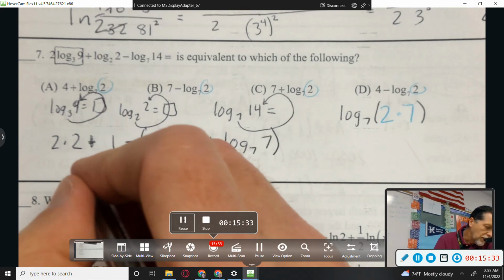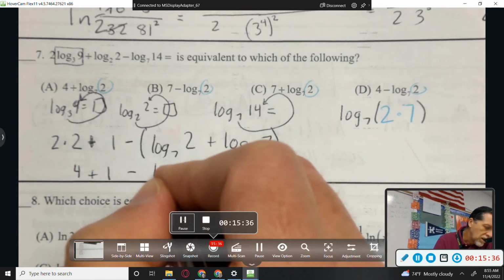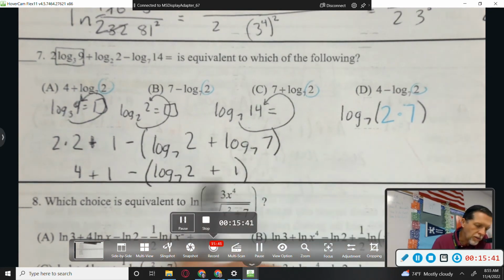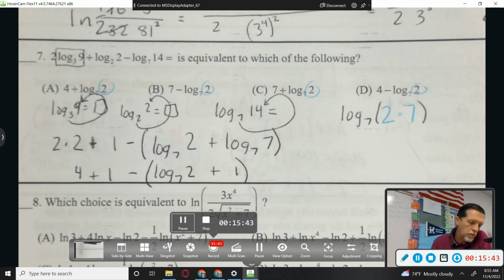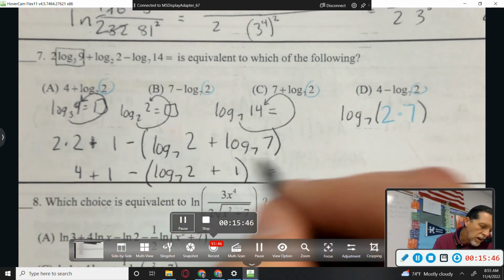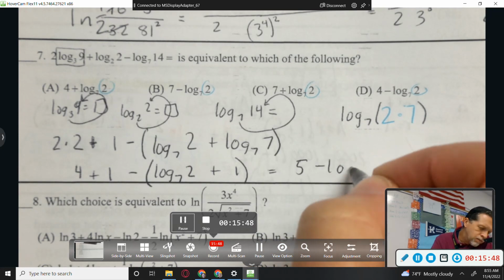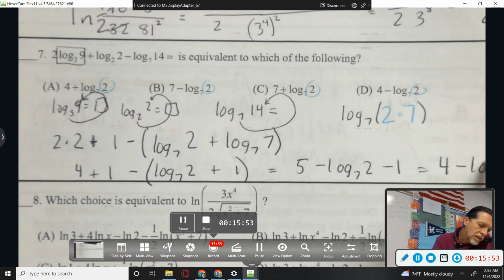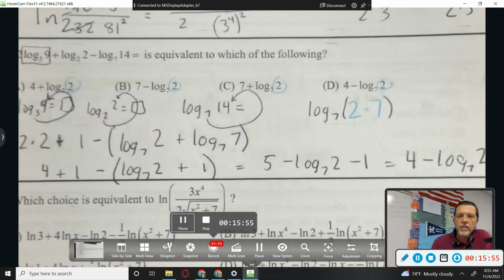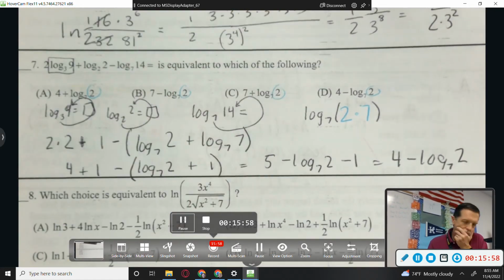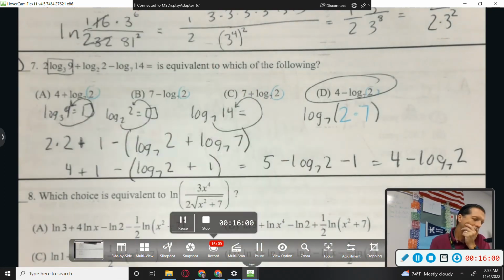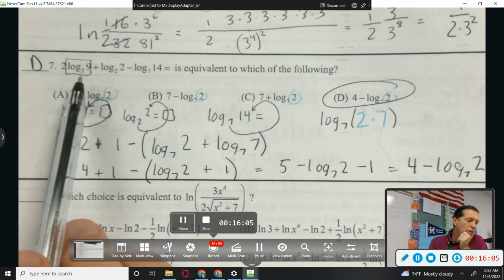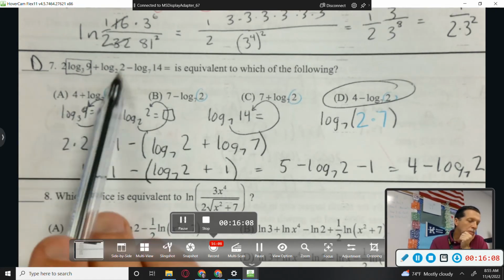So we got 4 plus 1 minus log base 7 of 2 plus 1, although I've got to be careful with that minus sign, making sure I distribute it to everybody. 4 plus 1 is 5 minus log base 7 of 2 minus 1. So 4 minus log base 7 of 2. Yeah, that was a tricky one because it wasn't the usual condense. You had to use properties of logs to simplify each of the logs.